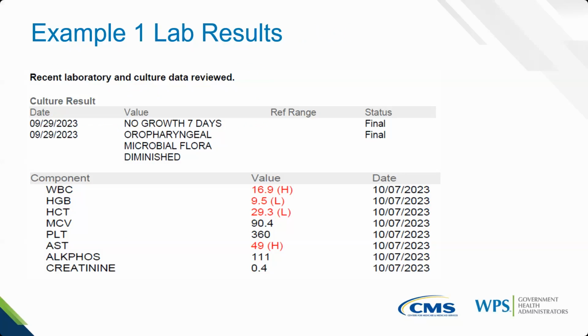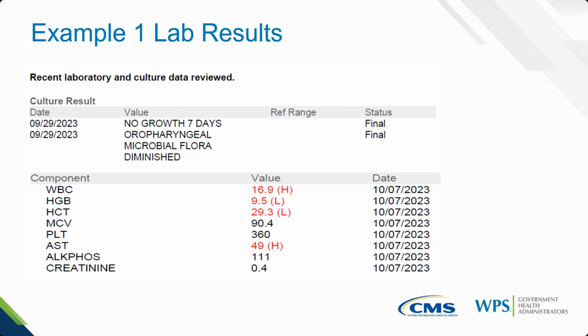You'll notice that there is information there on a culture result that was ordered on September 29th. Well, our date of service is October 7th, so that would not count toward tests that are ordered or reviewed. That information has already been counted with the service this provider did on 9/29.